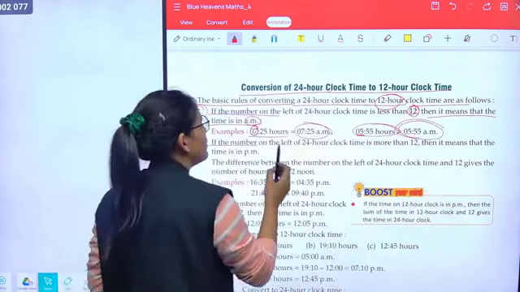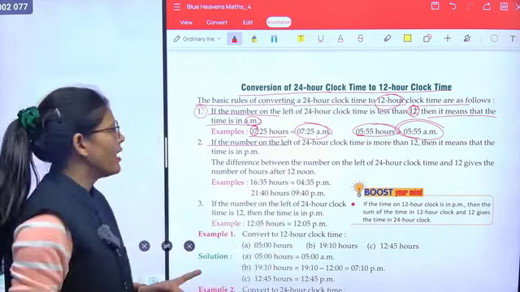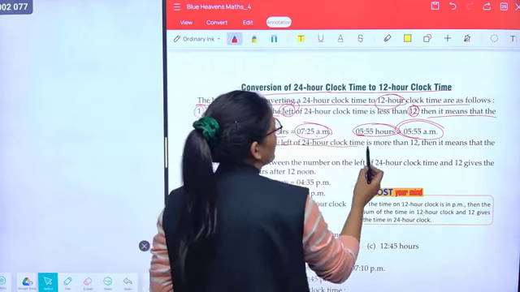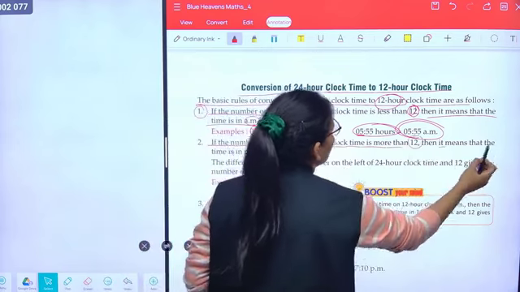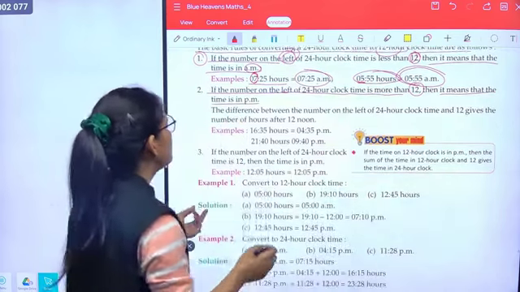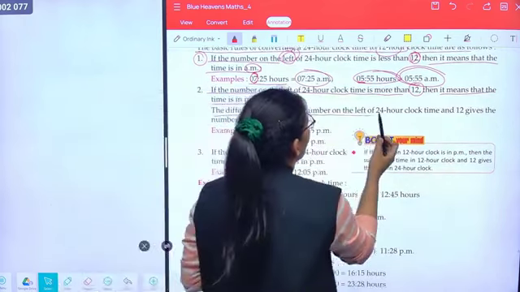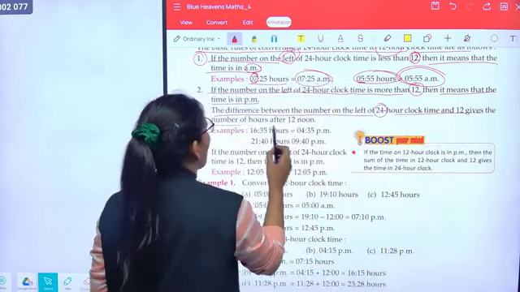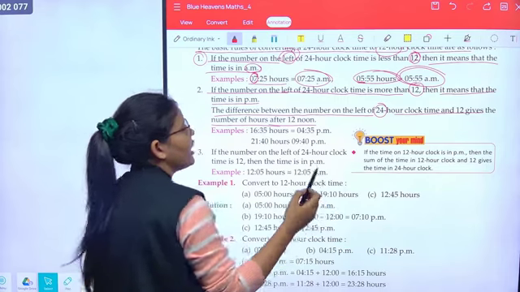Now if the number on the left, we will see always left of 24-hour clock time is more than 12, then it means that time is in PM. The difference between the number on the left of 24-hour clock time and 12 gives the number of hours after 12 noon.